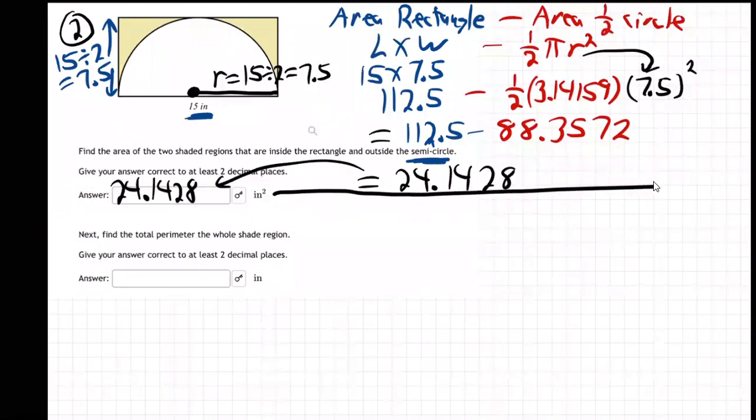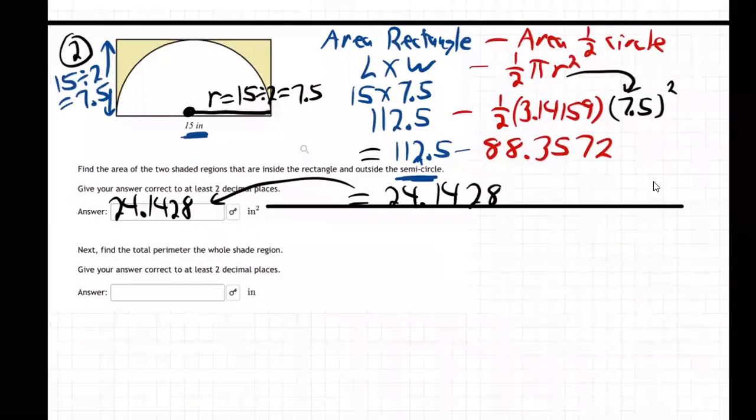Now, part 2. They want us to figure out the total perimeter of the whole shaded region. So what do they mean, the perimeter of the whole shaded region? Well, they mean how far around.